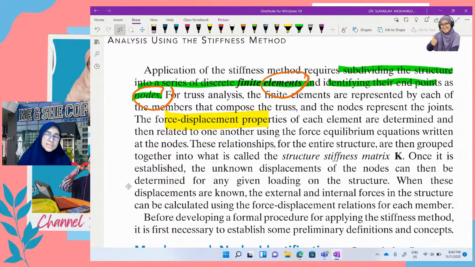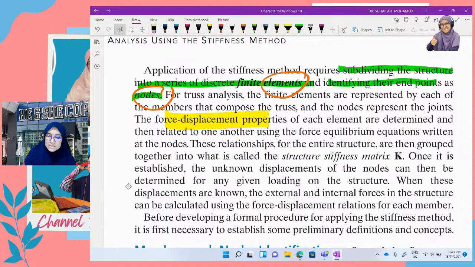What we use is the matrix formula, normally given in the appendix. In examination, the formula will be given, so you don't have to worry. But what you need to understand is the procedure of using the formula. The formula is for the element, and from the element we will build the stiffness matrix for the structure.